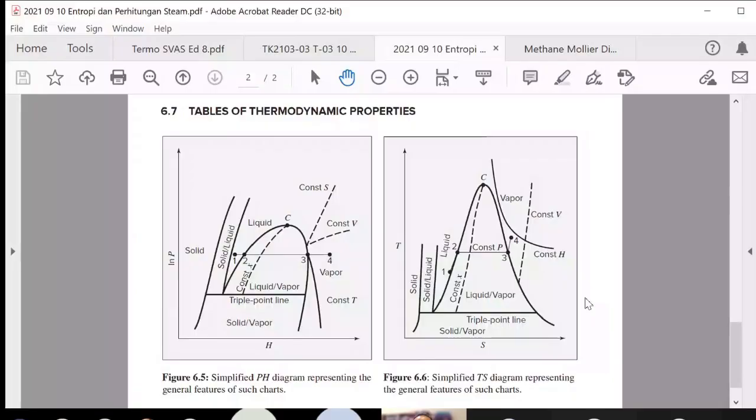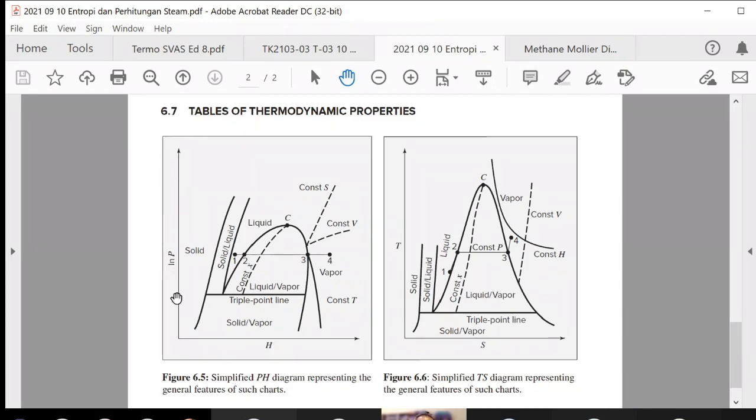Now, I will upload the material for the preparation of the test. Okay, can you see the table of thermodynamic properties? Please respond. Yes, sir. Okay, figure 6.5. It has been described by Pak Hardev previously.